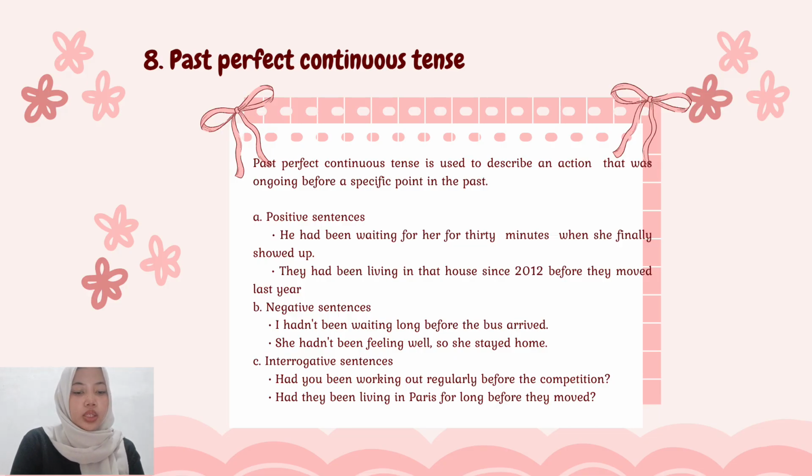And in negative sentence, I hadn't been waiting long before the bus arrived, and she hadn't been feeling well, so she stayed home. And in interrogative sentence, had you been working out regularly before the competition? And had they been living in Paris for long before they moved?